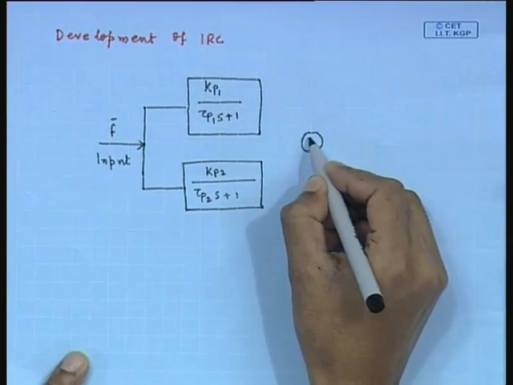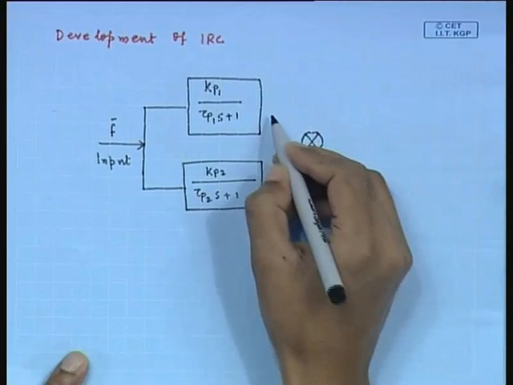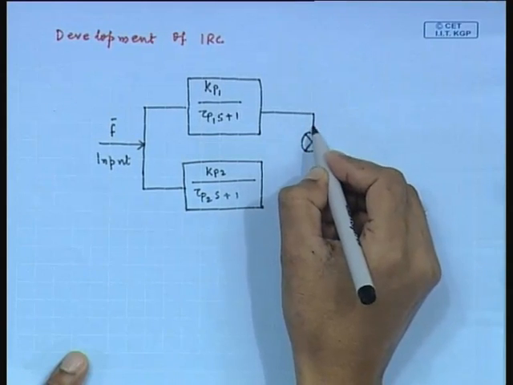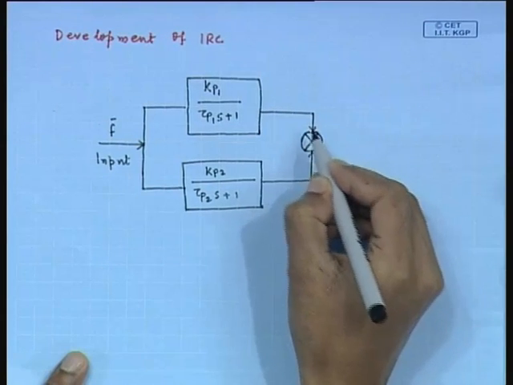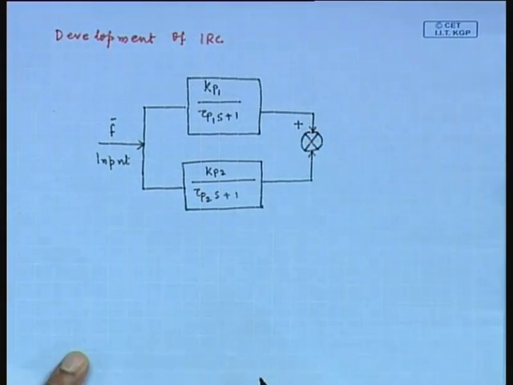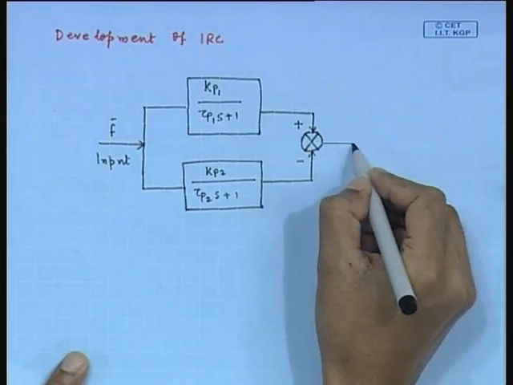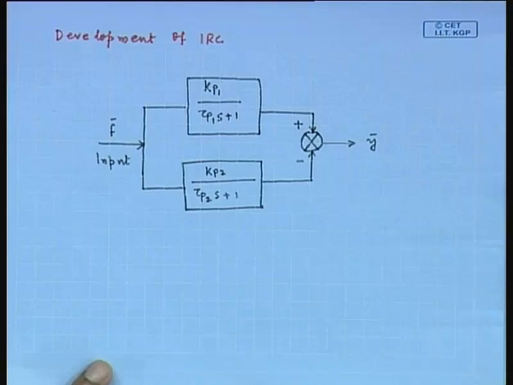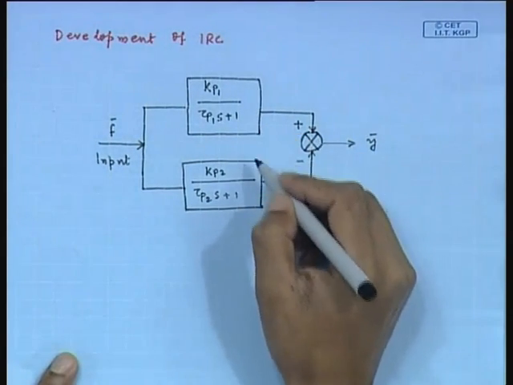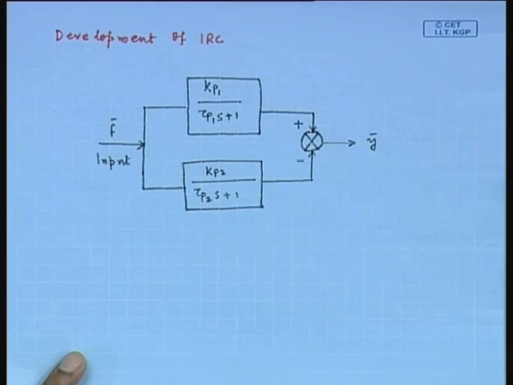Now, it is mentioned that inverse response behavior is the net result of two opposing effects. So, we will consider one output positive, another output negative. Then the output is say y. Fine. It is obvious that these two first order processes are acting in parallel and they have opposing effects.